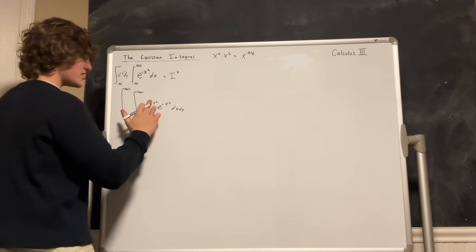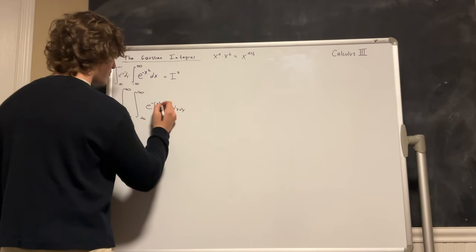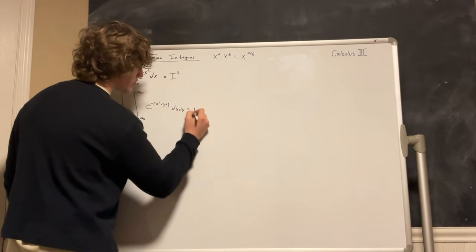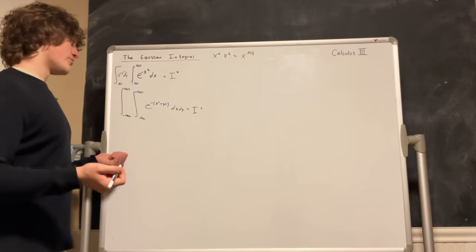So this becomes e to the negative x squared plus y squared. So now we have that this is equal to our integral squared. So what can we do from here?